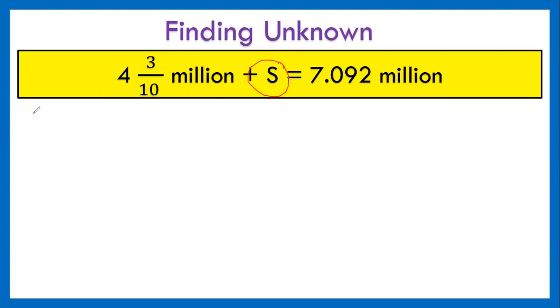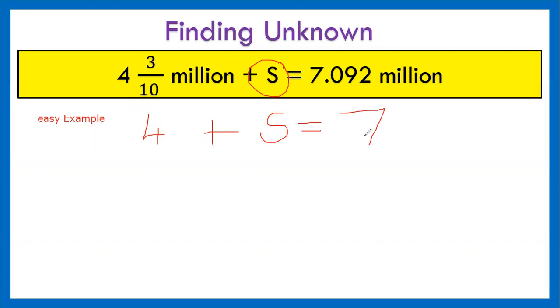What is this easy example method? Let's rewrite or recreate this question in a simpler manner. What is 4 plus something and it gives you 7? 4 plus something gives you 7.